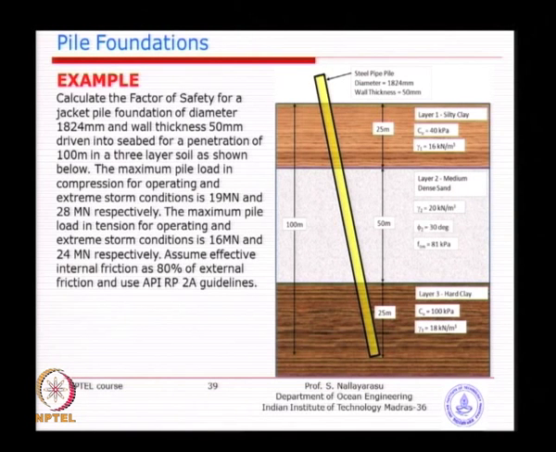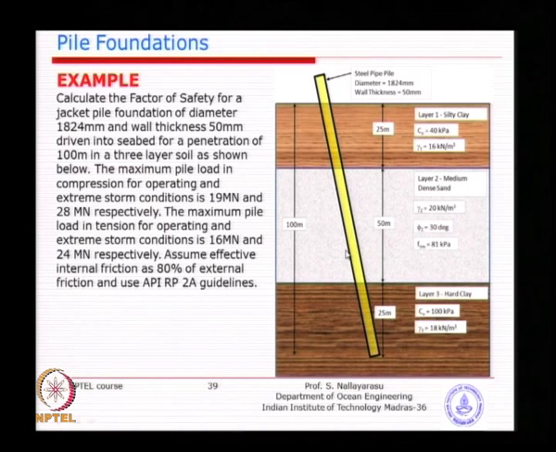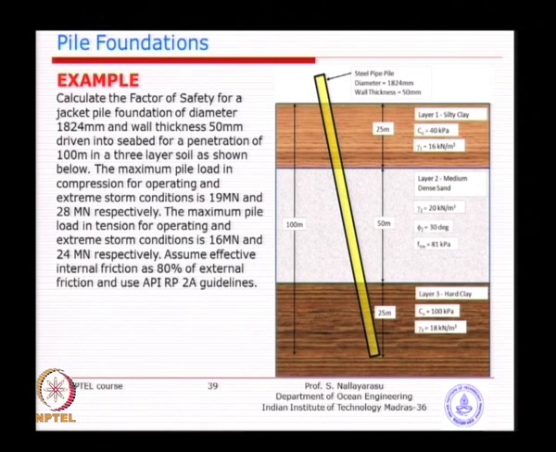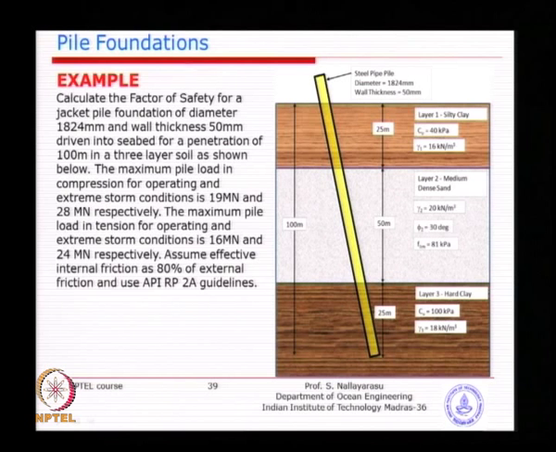Based on this information you go here. So, you could actually get a variety of problems here. You could be asked to find out the factor of safety, in this case I have asked you to find out the factor of safety, or you can go vice versa, find out what should be the minimum penetration required to achieve a factor of safety as per the code, is it not. So, now you need to do an iterative procedure because it is going to be a problem.